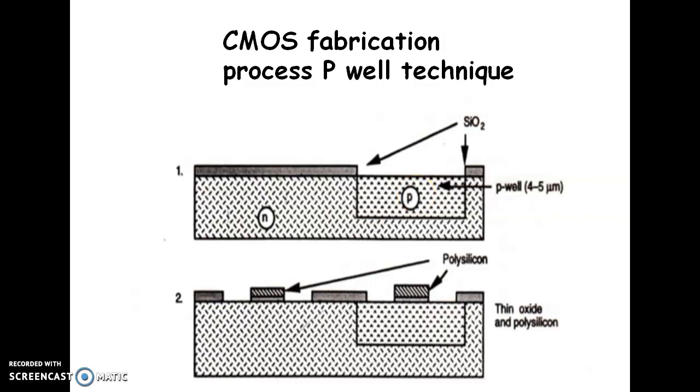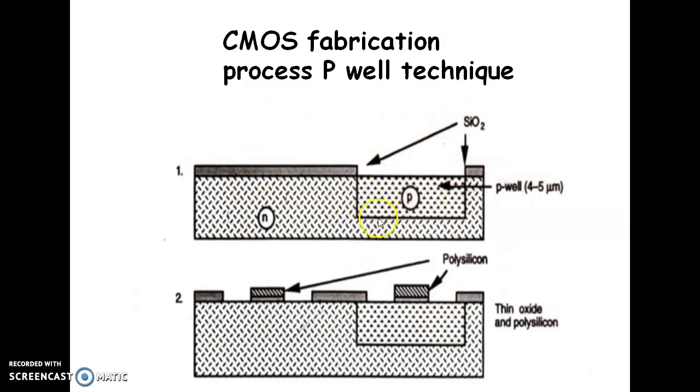To achieve low threshold voltages, we need either deep well diffusion or high well resistivity. However, deep wells require large spacing between the N and P type transistors and wires because of lateral diffusion, and therefore a larger chip area. So we should take a lot of care in forming the well itself.